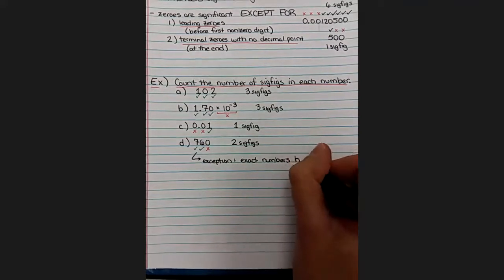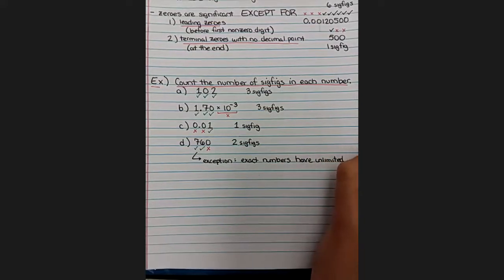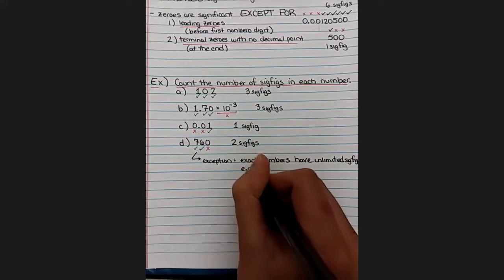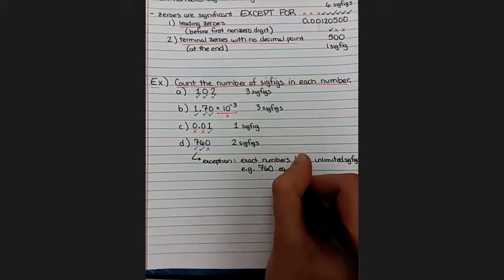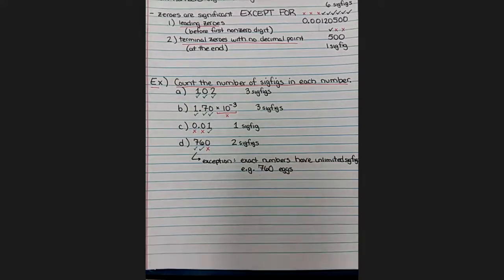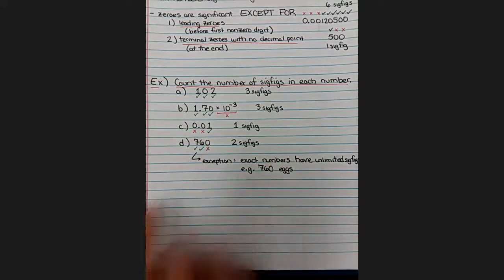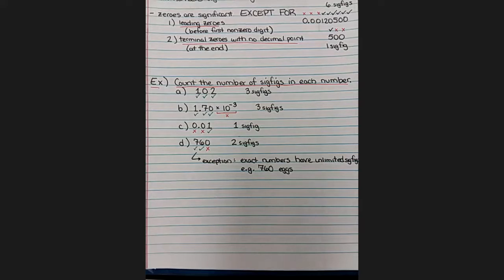So that means that exact numbers have unlimited sig figs. They have as many as you need them to have. For example, if you were counting people, or if you were counting eggs, you can't have a part of an egg. But just to be clear, when you're measuring an exact number, it's best to put a decimal at the end so that that 0 is counted as a significant figure.